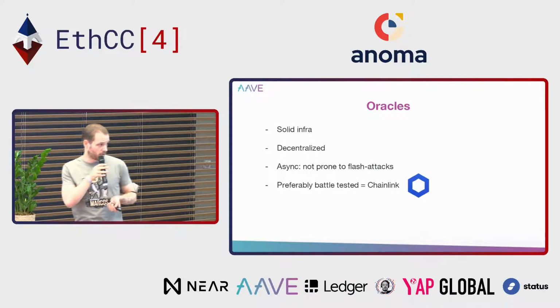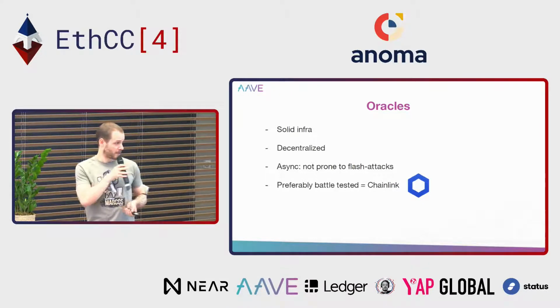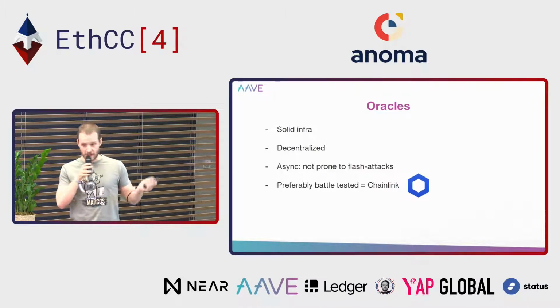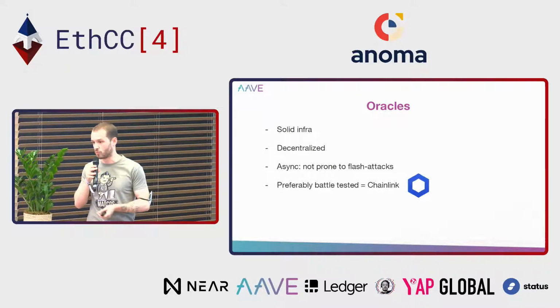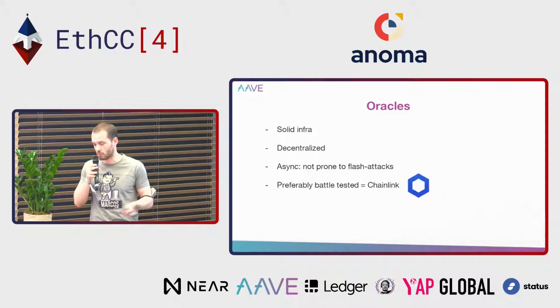Then the third point is the most frequent source of headaches for a lot of people out there, especially maybe in Binance Smart Chain and so on. It is really important that the oracle, even if not mandatory, and even in some of the Aave markets that is not the case, is completely async, in the sense that you cannot use capital, mainly sourced in a lot of cases from flash loans, to manipulate the price and basically screw the market itself.